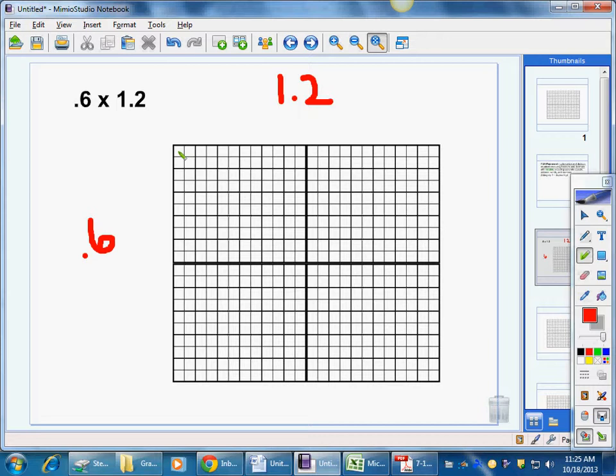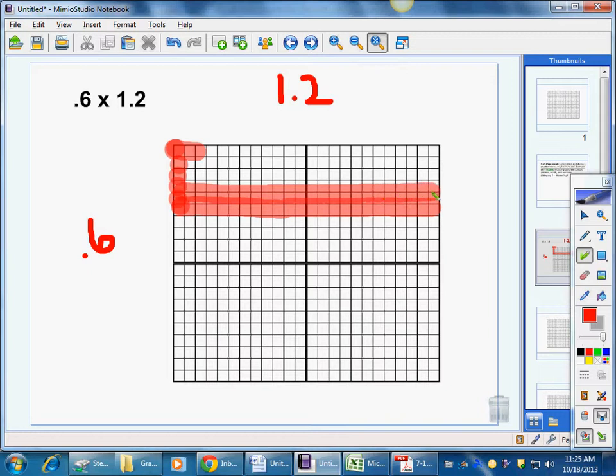Oh, 0.6, that's less than 1, so we know it's going to be a little bit more than half of just one of these squares. And since these are divided into rows of 10, that would be including 2, 3, 4, 5, and I'll be careful with my highlighter there. So 6.